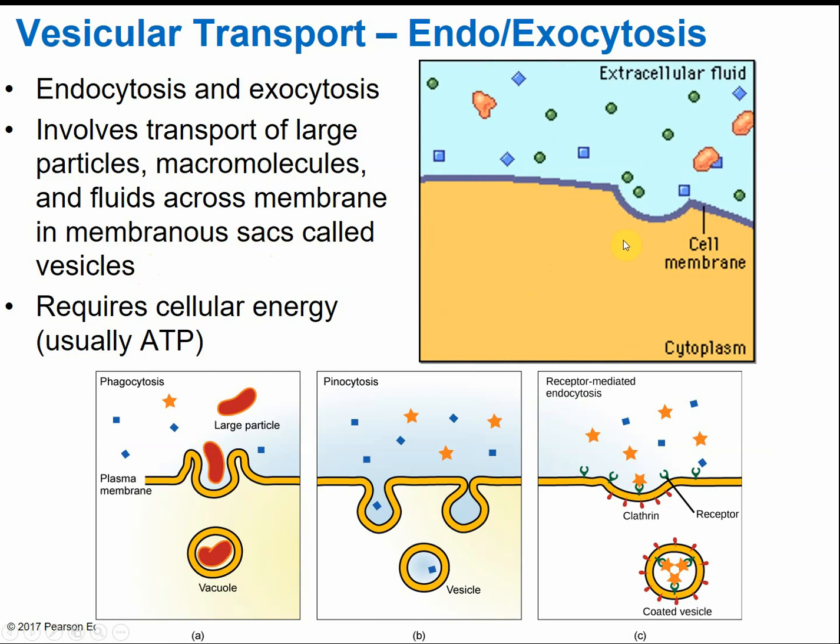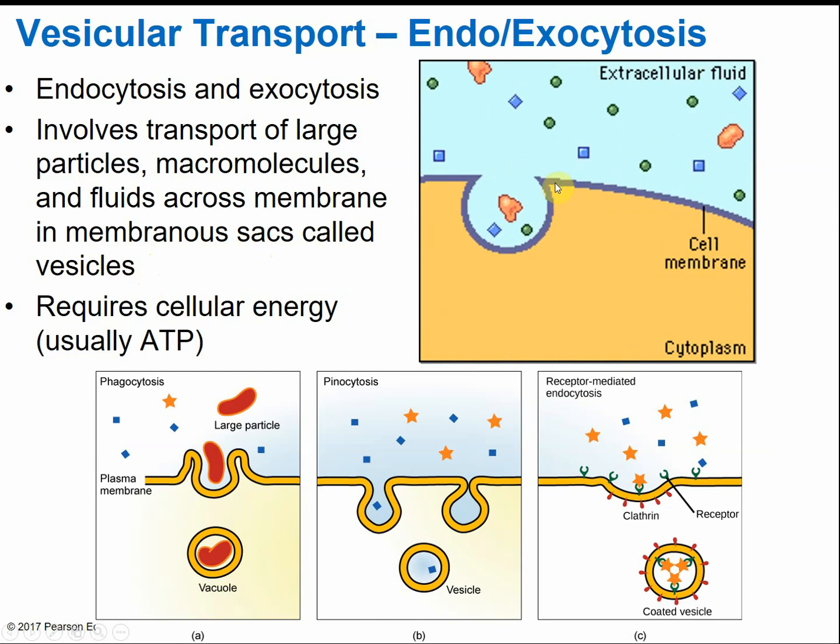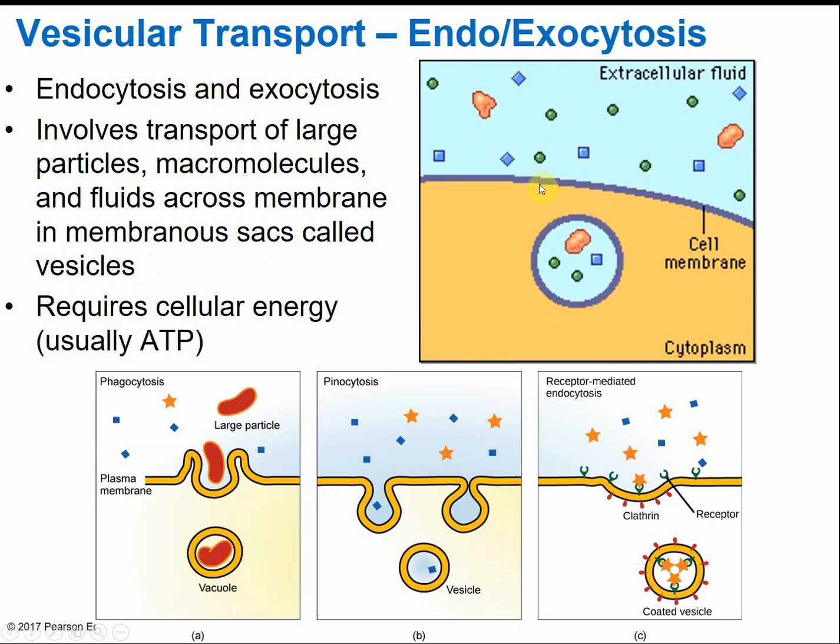So these are essentially little sacs of plasma membrane and cytoplasm fluid. Because they're composed of the same type of material as the cell membrane, when they reach the membrane, they can just fuse and bud out or bud in. But this process requires energy, usually in the form of ATP.